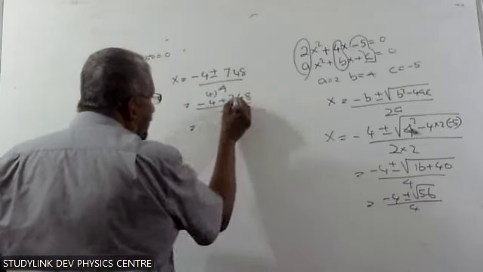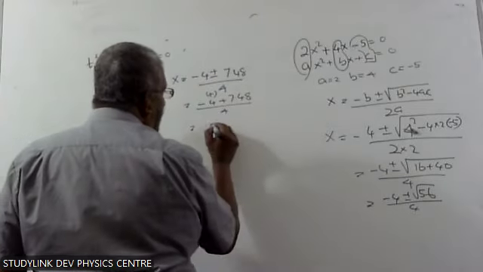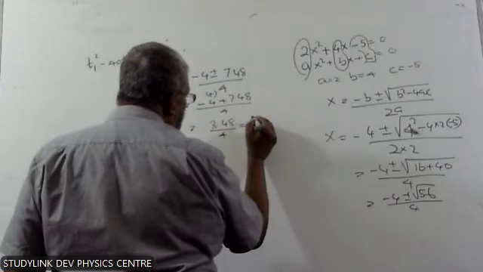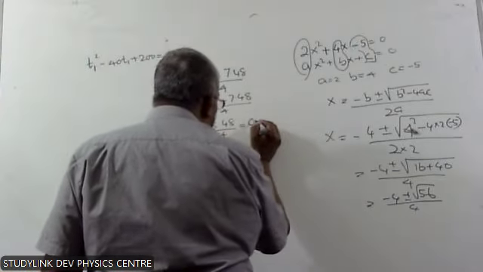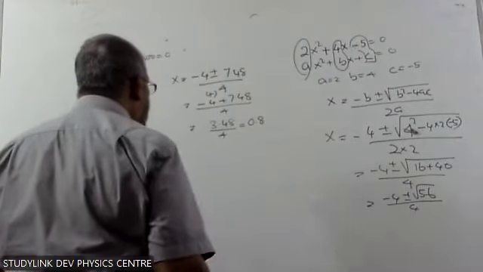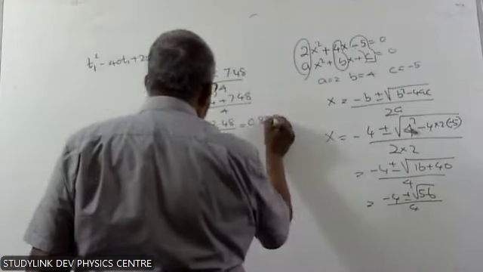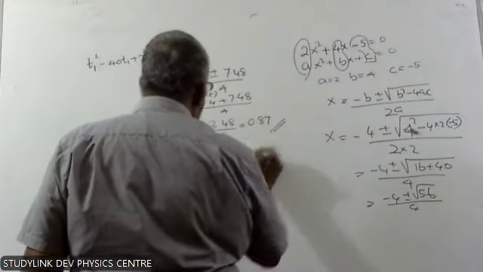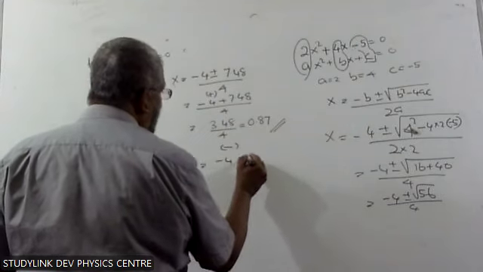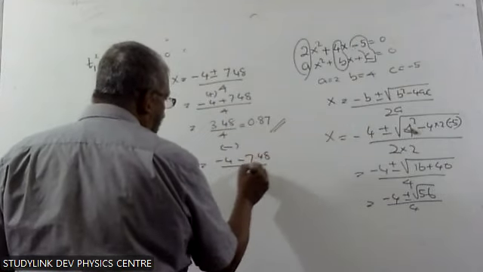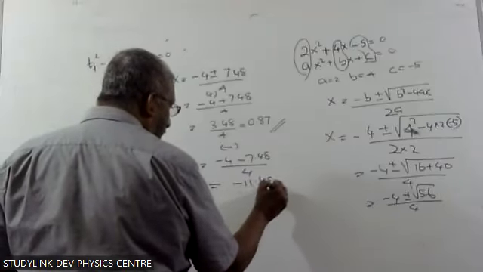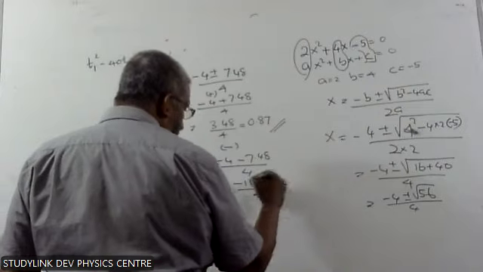This is equal to 3.48 divided by 4. That is equal to 0.87. Then minus sign is concerned, minus 4 minus 7.48 divided by 4. That is equal to minus 11.48 divided by 4. Divide and get the answer.